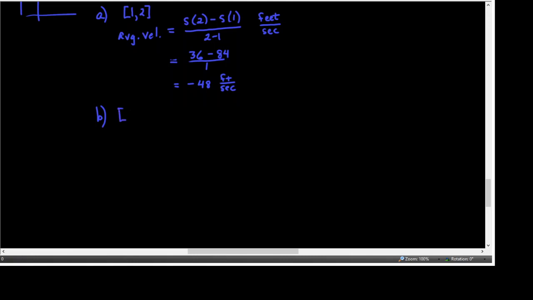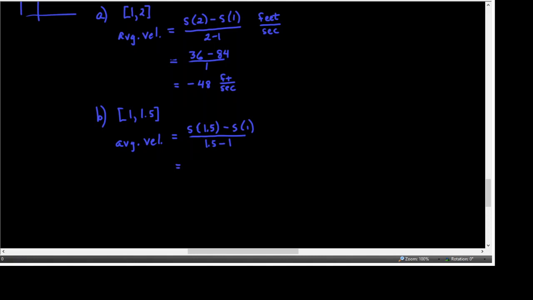We're going to do the same thing for a different time interval, from time 1 to time 1.5. So it's going to look much the same. We're still finding average velocity. We take the position at the ending time minus the position at the outset, and divide that by the time at the end minus the time at the beginning.